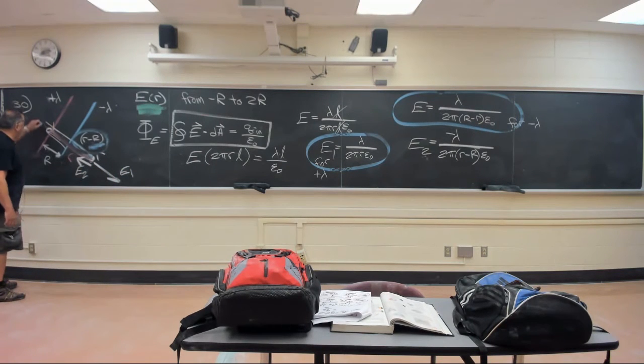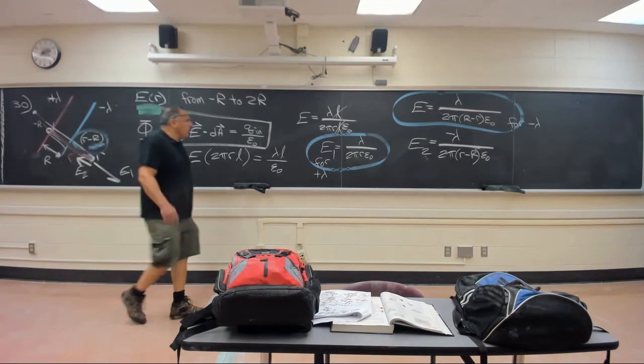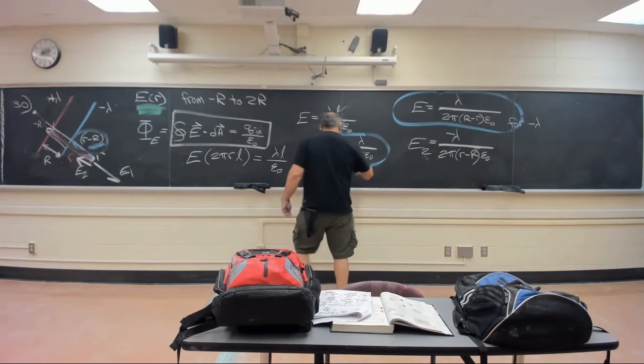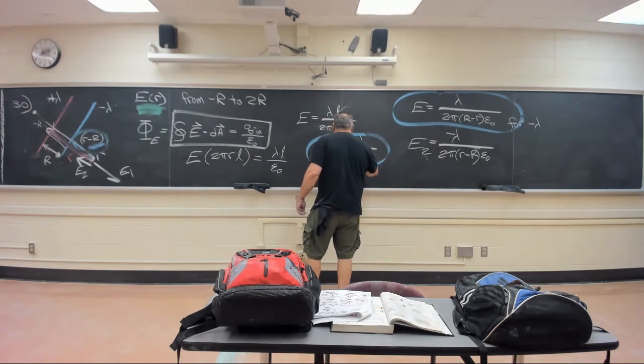Here is capital R. Here is capital negative R, right here. Well, capital negative R is still R. Yeah, I know it's negative R over this way, but it's still radius R. And what would that be? Well, that would be put in R, a capital R for this guy, and it's going to work.